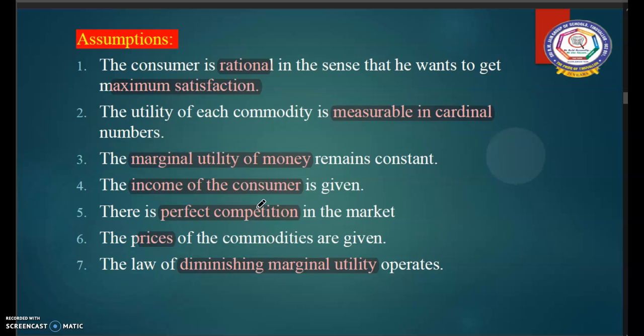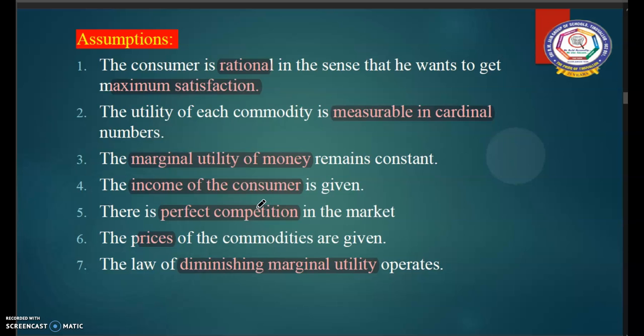The utility of each commodity is measurable in cardinal numbers. We can measure it. The marginal utility of money remains constant, it remains unchanged. Here in this assumption, the income of the consumer is also given and there is perfect competition in the market.